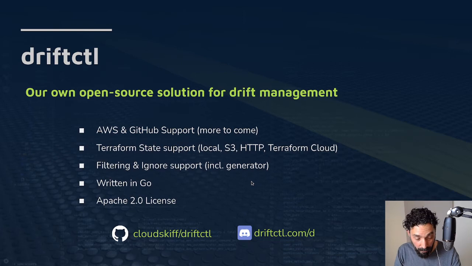AWS and GitHub are supported. So if you manage GitHub with Terraform, you can have the same kind of drift detection for what is not under control. And that's cloudskiff/driftctl on GitHub, and driftctl.com/chat will redirect you to our Discord.